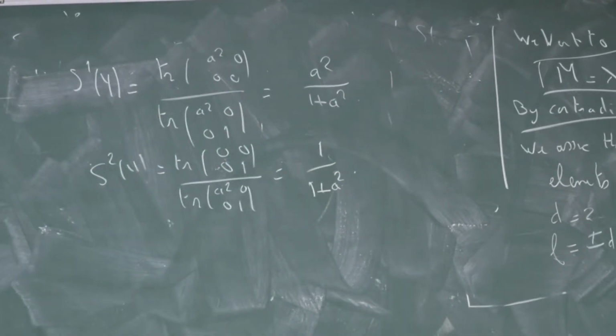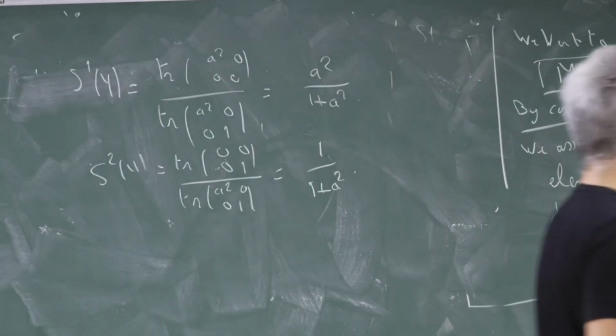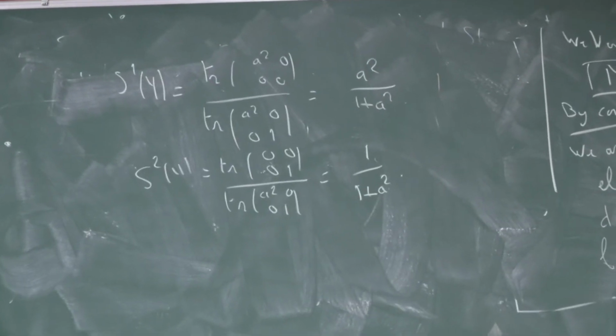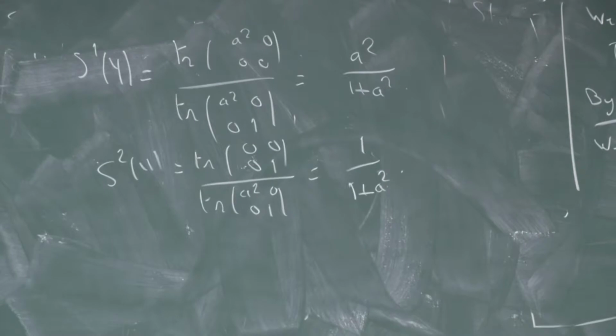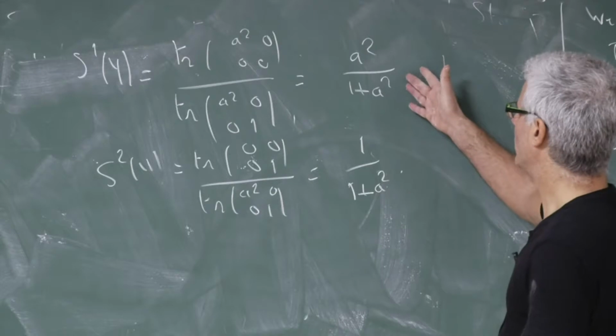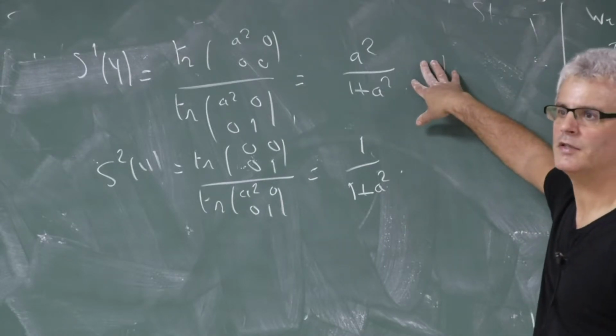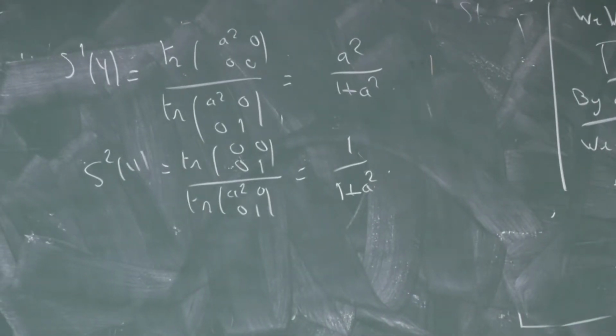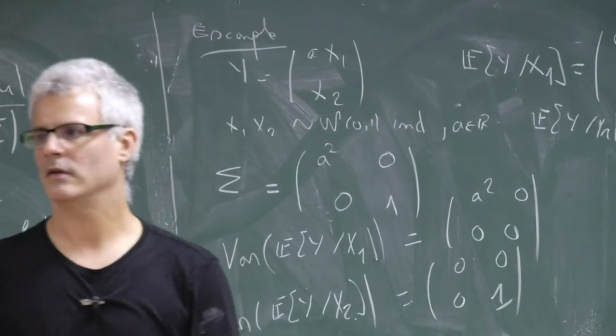So we see that they are easy to compute for a simple example, and it's obvious here. We recover exactly what we thought: if the absolute value of a is larger than 1, then x1 is more important than x2.